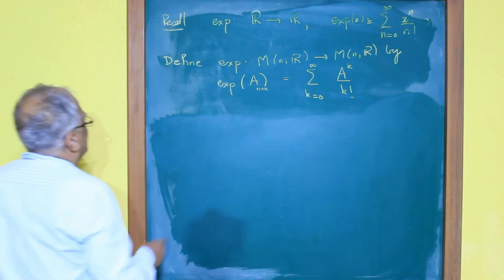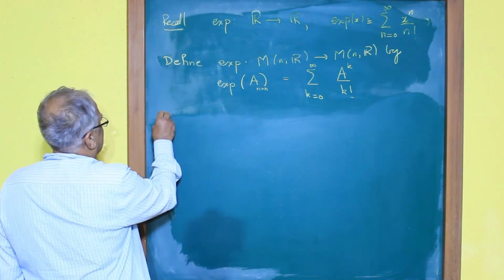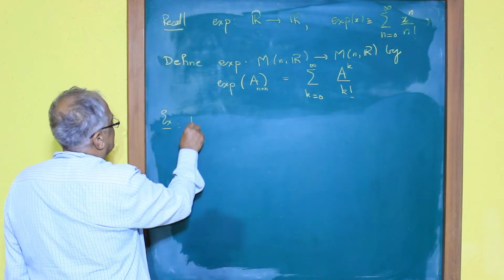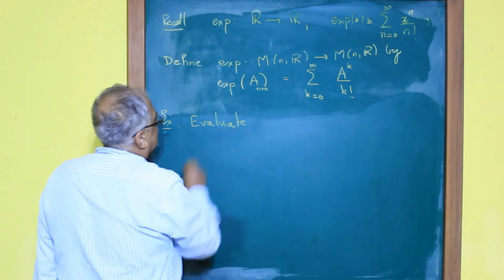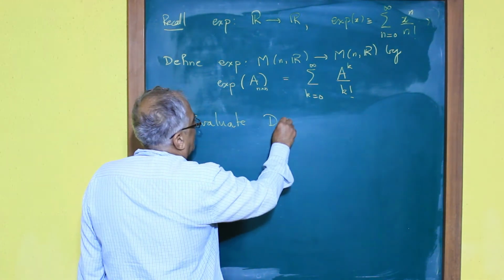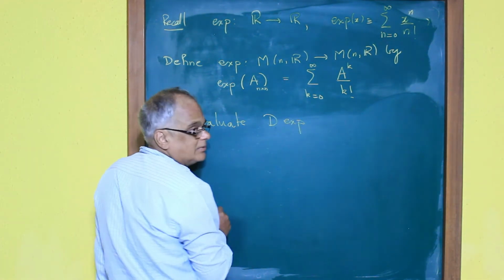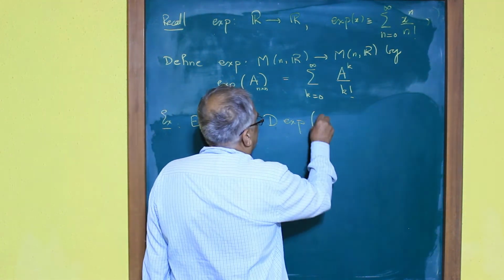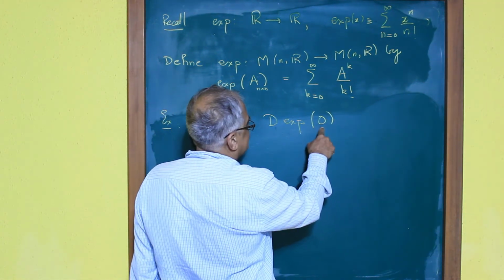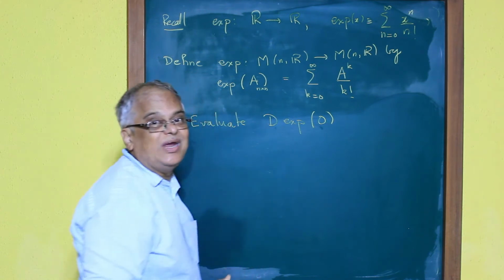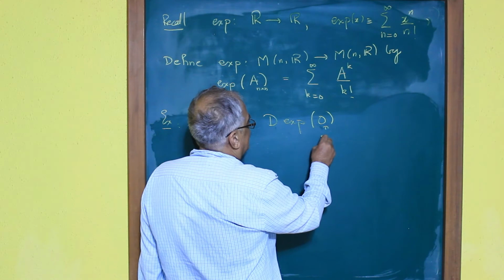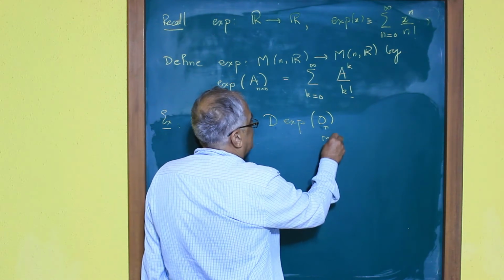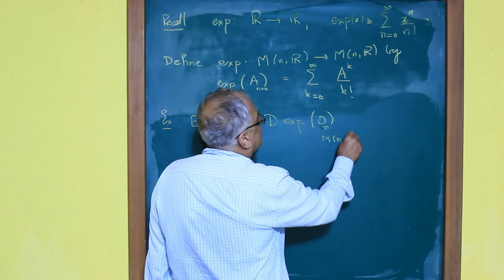So the question you want to ask is, exercise, evaluate the derivative of the exponential map at a particular point, at the point 0. Where is this 0? This 0 is the 0 matrix. So this 0 is the matrix in M_n(R).